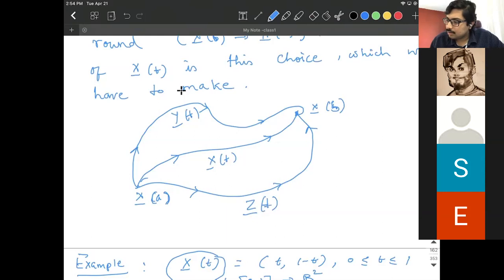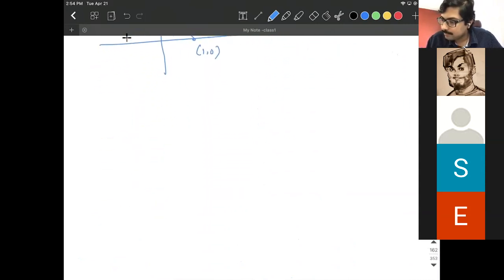So here, each one of x(t), y(t), and z(t) have the same orientation. So each starts at x(a) and ends at x(b). So you can say that these reparametrizations y(t) and z(t), this is not a very good drawing. Let's go to a different drawing.